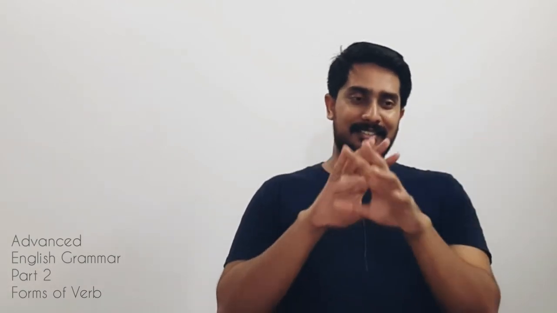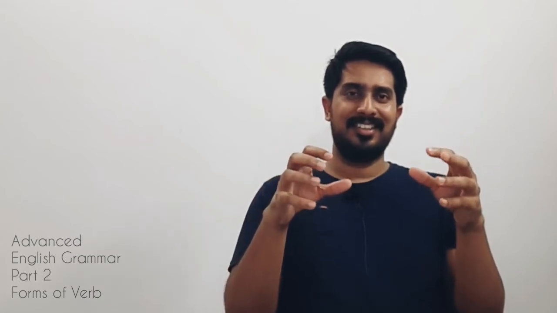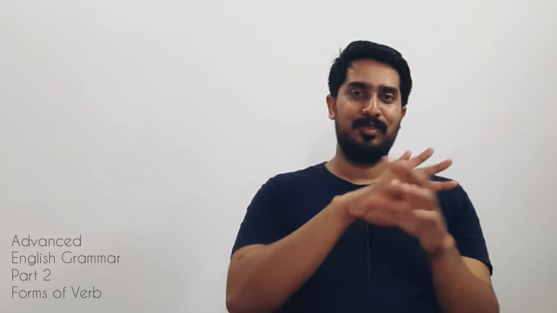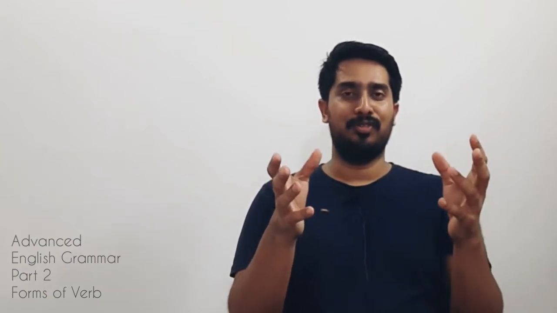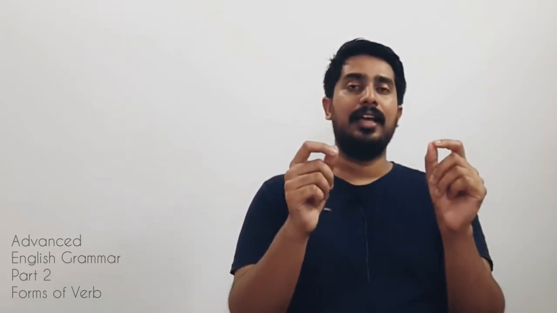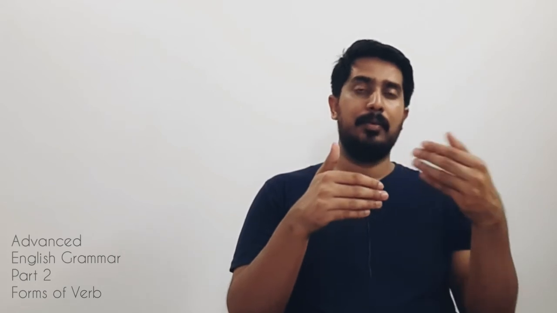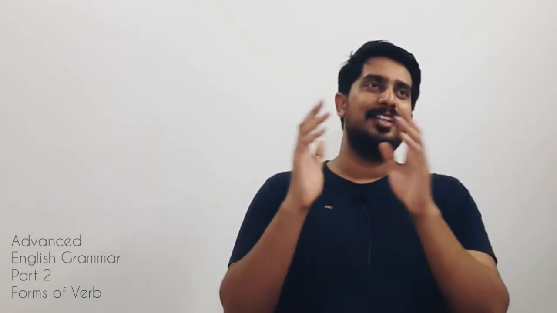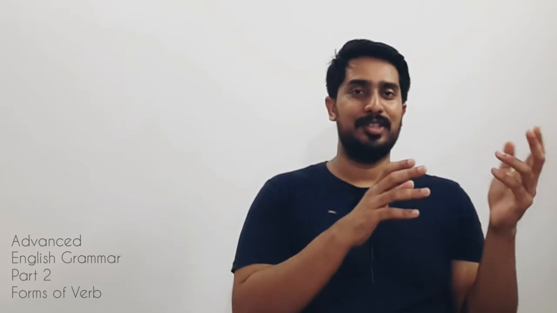Now these are some basic pointers from which we need to move on to the tenses. I just wanted to give you some clarity about forms of verb. That's why I gave this quick video here, and after this we'll be moving on to simple tenses. Most of the time when you teach tenses, the order is that you teach the present tenses first, and then the past tenses, and then the future tenses.